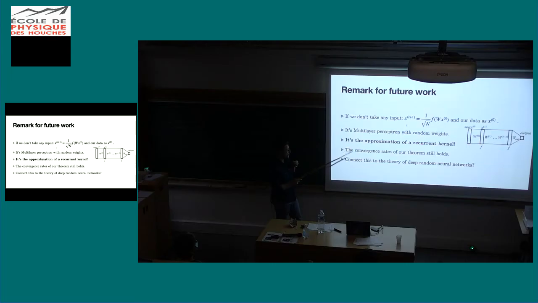And by doing so, we didn't show it in this paper, but we have the intuition that a random multi-layer perceptron is in fact an approximation of a recurrent kernel. So the recurrent kernel is what you get when you make each of the layers grow to infinity. And our theorem still holds in this case. And maybe we can, in future work, connect this to the theory of deep random neural networks.